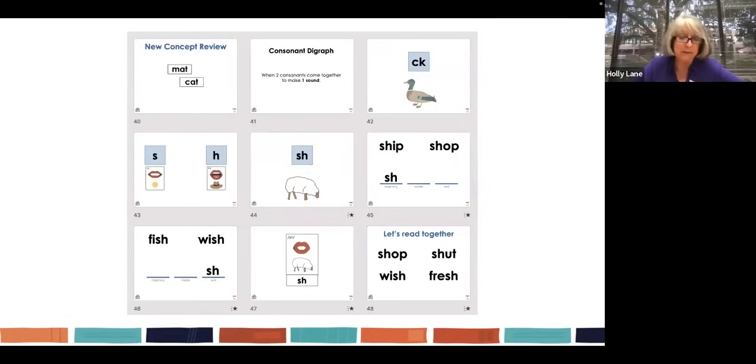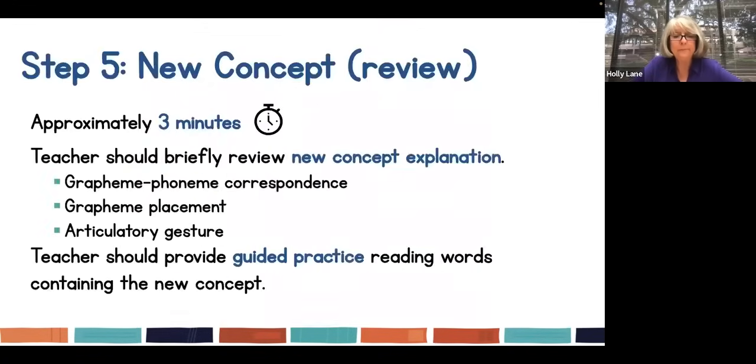Can it appear in the initial, medial, and final position, or is it limited to just one of those, or what? A quick review of the articulatory gesture, and then a very brief guided practice. So the let's read together is always a cue that you're going to do that with your students, guiding them through those words. So additional practice applying the concept that they just learned the day before.